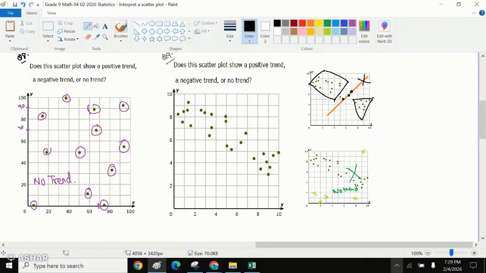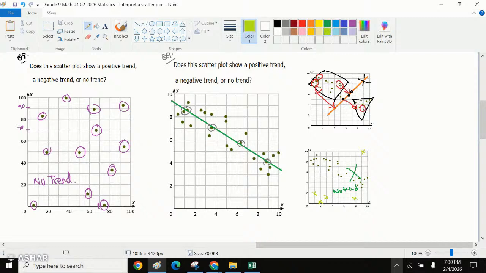But if we would try another line that is downwards, is it passing through the maximum number of points? Yes, we can agree on that, right? And are the other points near the line? We can say they are not scattered away. As in the previous example, in that case these points are so far away from the line, scattered far away.